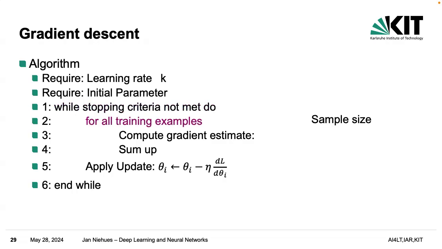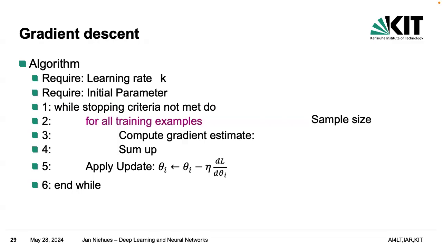The second thing is that here we said the very basic first idea. We're just going over all training examples and summing up the gradients. Does anybody already see what could be a problem with this? I mean, if you think about a huge training set, millions of examples, that is super slow.